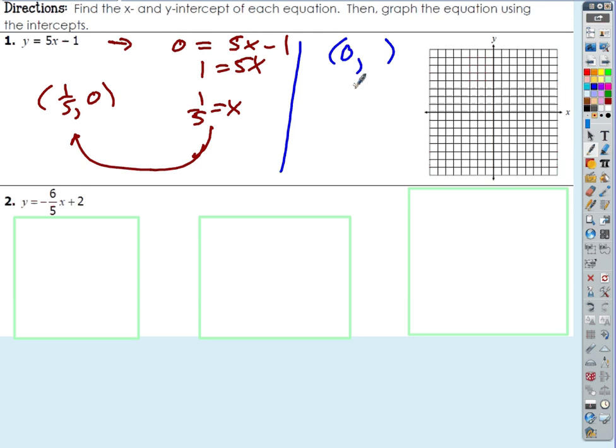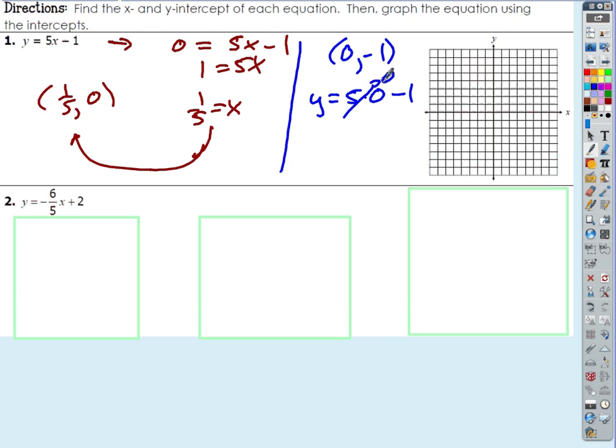Well, when x is 0, what happens to my equation? I get y equals 5 times 0 minus 1. 5 times 0 is just 0, right? So we're able to use what's called the cover-up technique here. Because I've got 5 times x, when I let x equal 0, I can just cover up that term because it goes away and solve the remaining equation, which is already solved. Y equals -1, right?